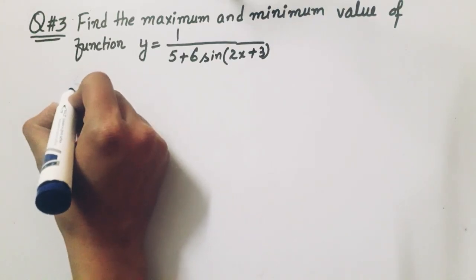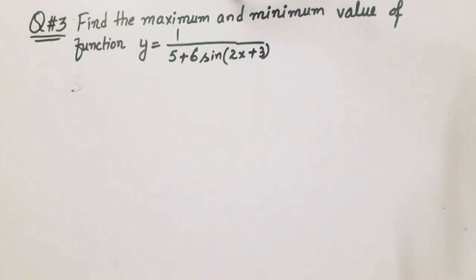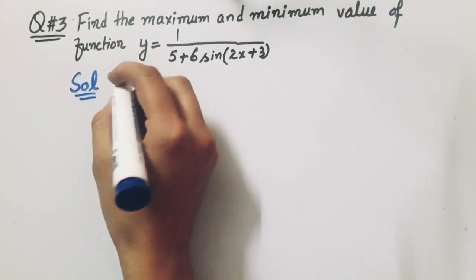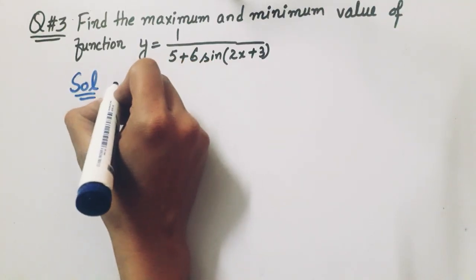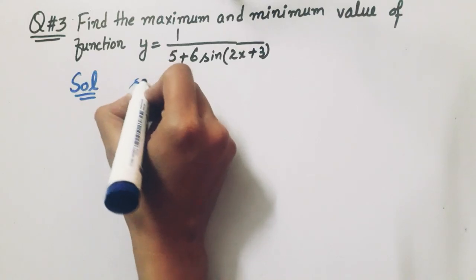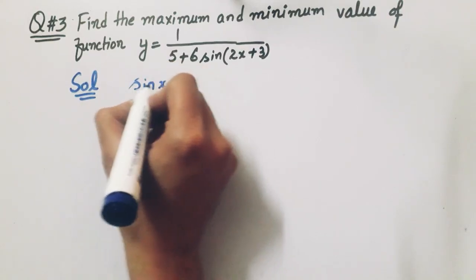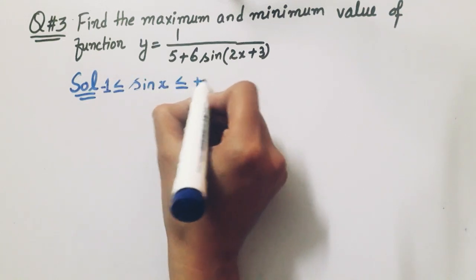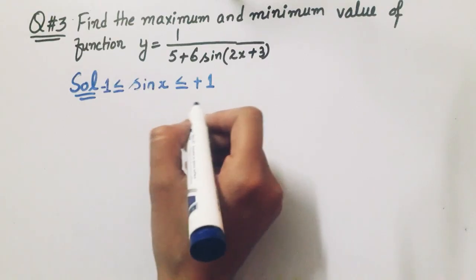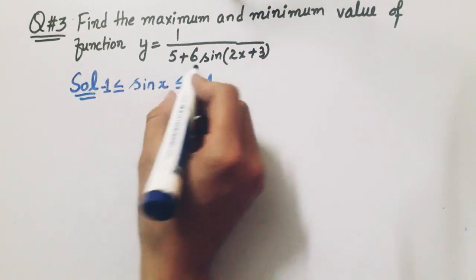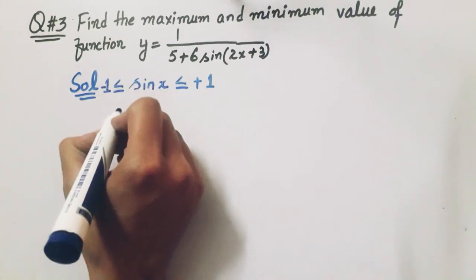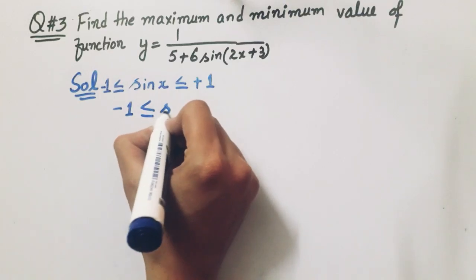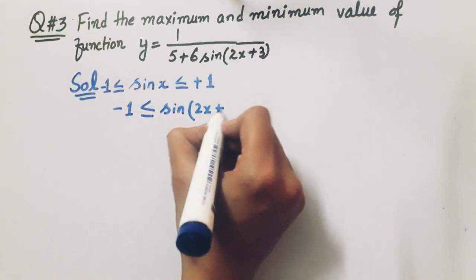So we know that the value of the sine function lies between the range from minus 1 to plus 1, means sine x is between minus 1 and plus 1. So how we will solve this? First of all, we will make the range as minus 1 is less than or equal to sine of (2x plus 3).